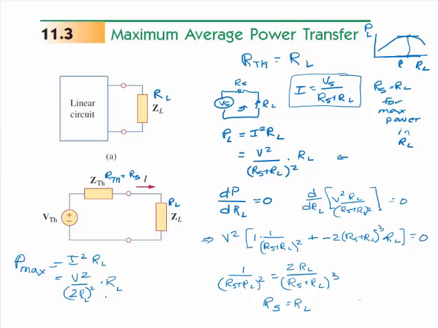So that ends up being V squared over 4RL. That's when the maximum power transfer occurs.